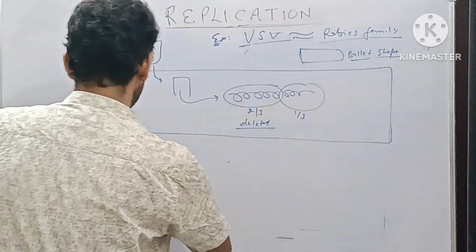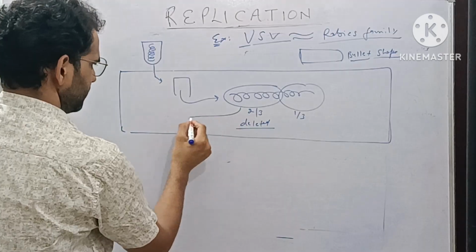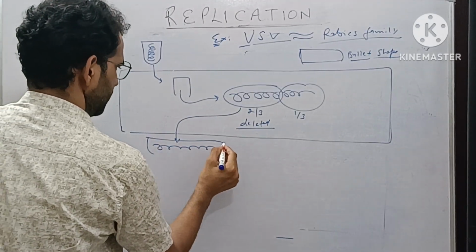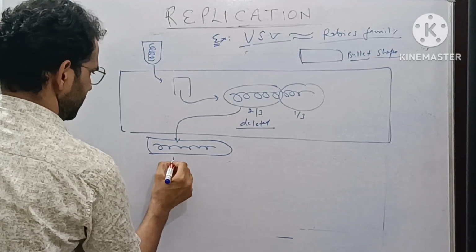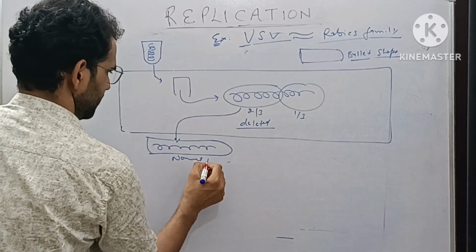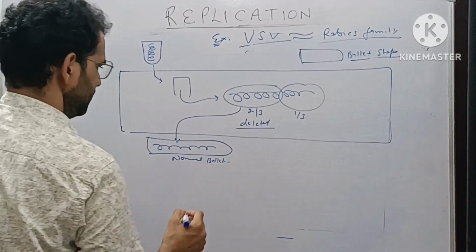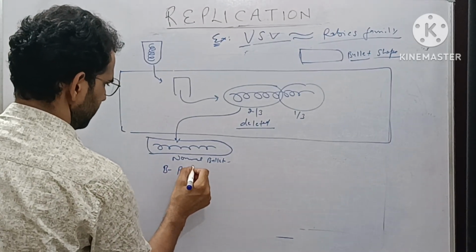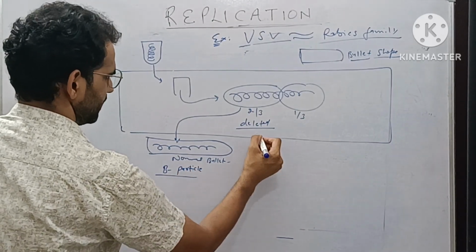What is the result of this? Some viruses formed are normal bullets. We call them B particles.